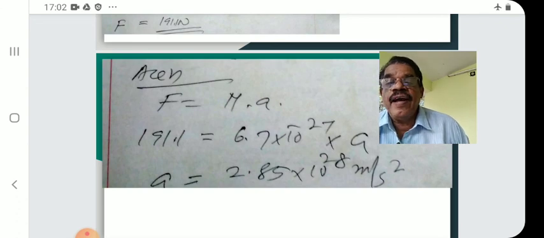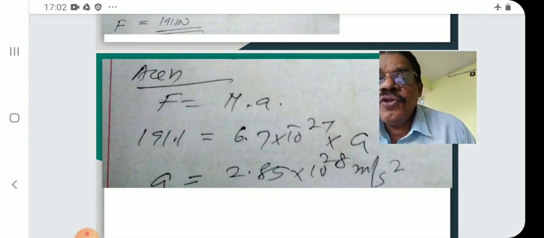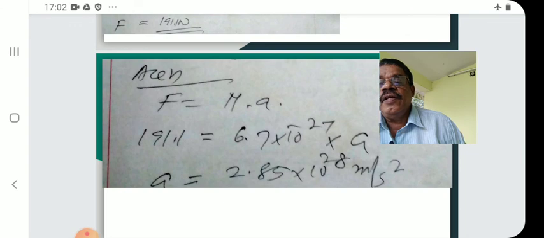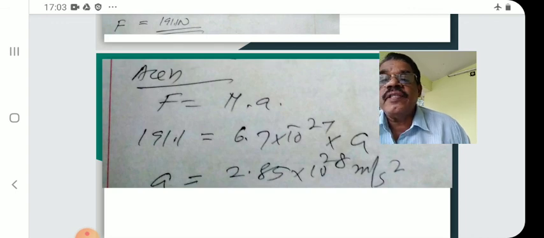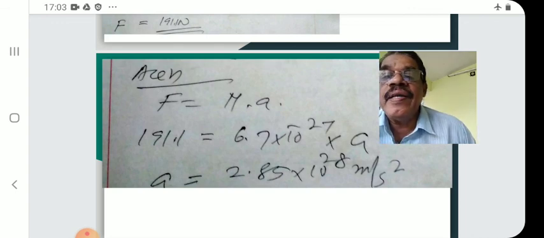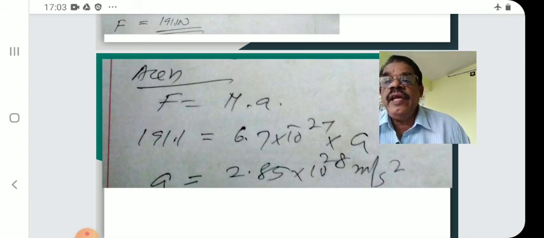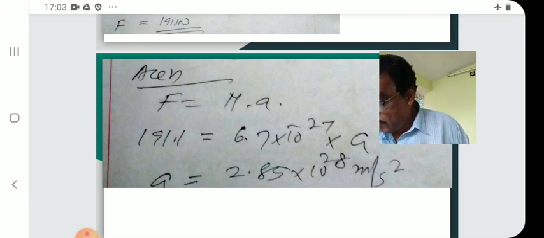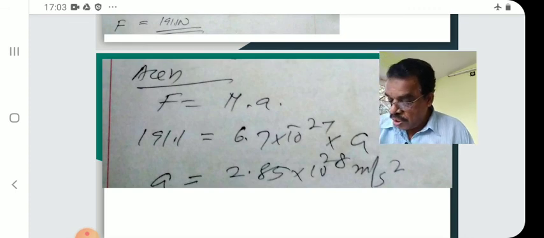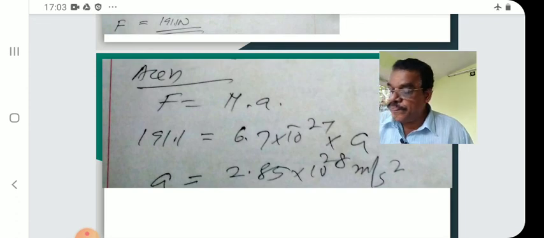We have to find the acceleration of alpha particle. So we put the mass of alpha particle, that is 191.1 is 6.7 into 10 raised to minus 27 into a. That is a equal to 2.825 into 10 raised to 28 meter second raised to minus 2.